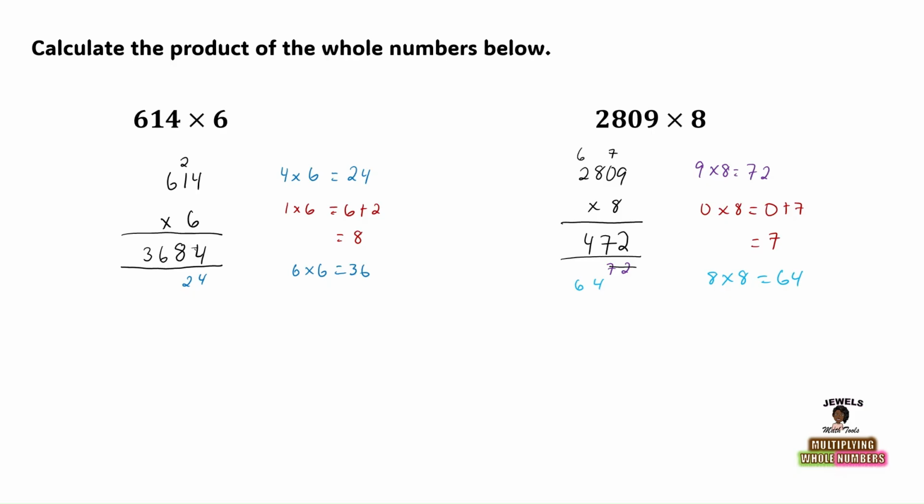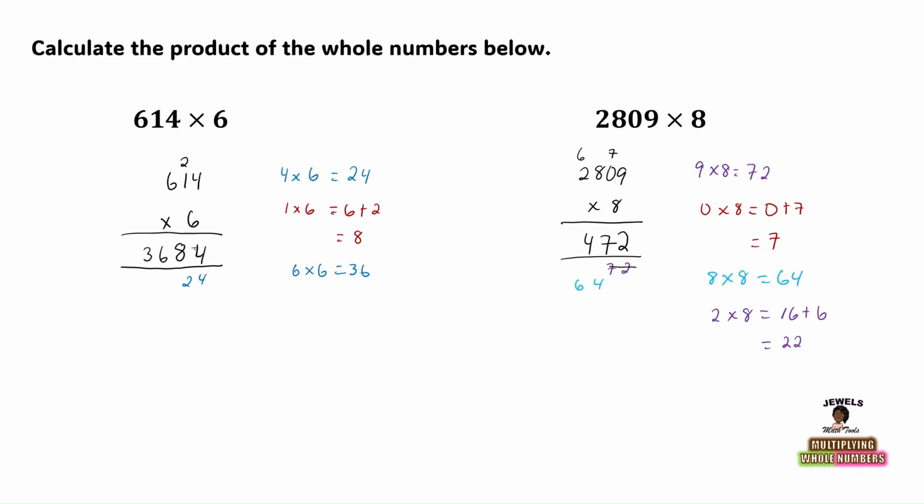And for our last digit in our multiplication, we are going to be multiplying our 2 times 8, which is equal to 16. And because there is a 6 in our thousands column as well, I will be adding the 6 to 16, which will equal to 22.